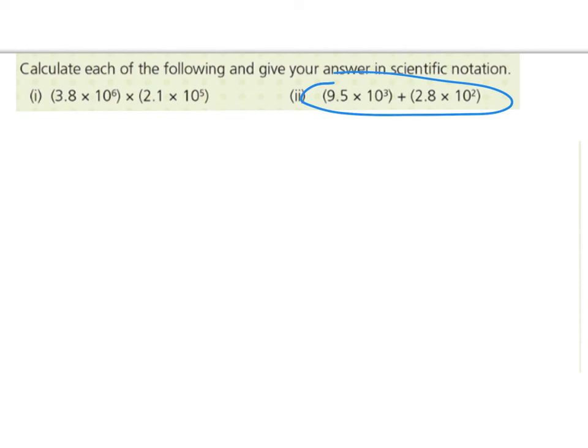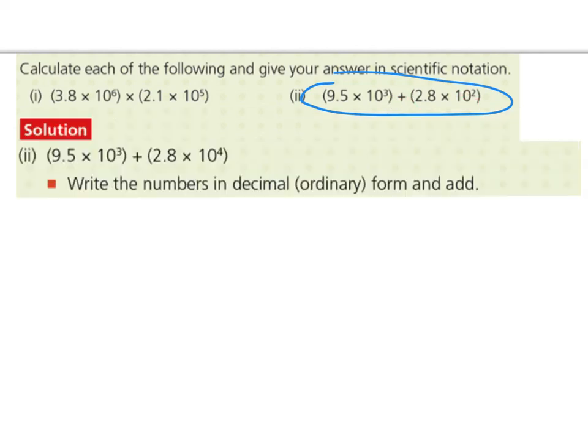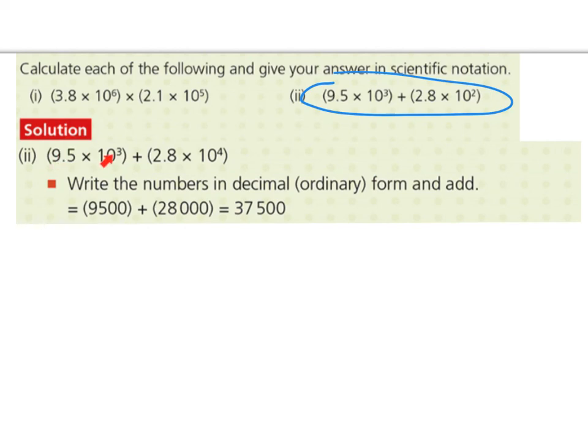Question 2, 9.5 times 10 to the power of 3 plus, this time, so we're adding this time, 2.8 times 10 to the power of 4. So what we can do here is write the numbers in decimal or ordinary form and add them. So 9.5 times 10 to the power of 3 gives us 9,500.